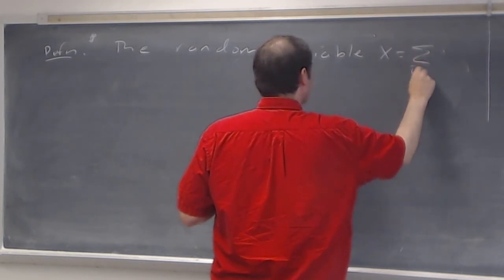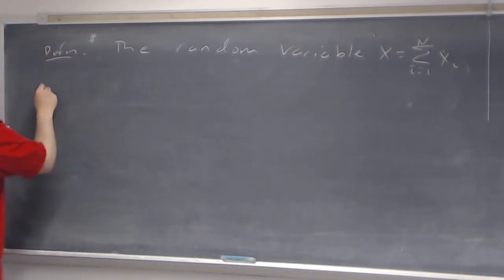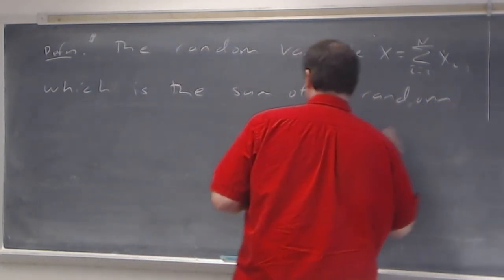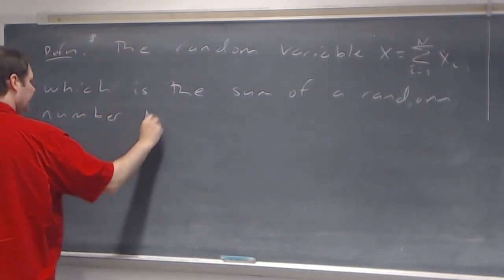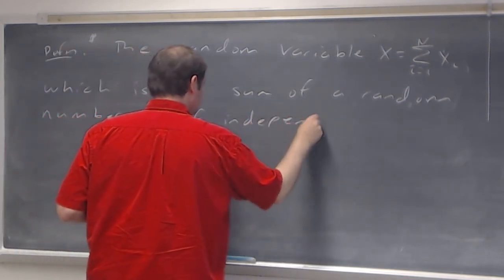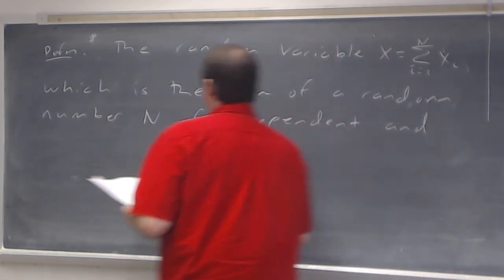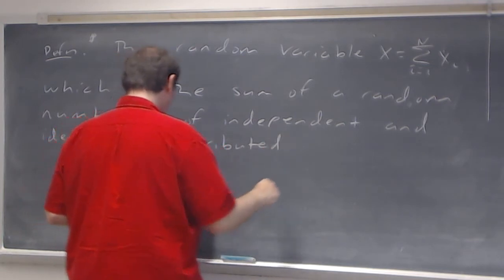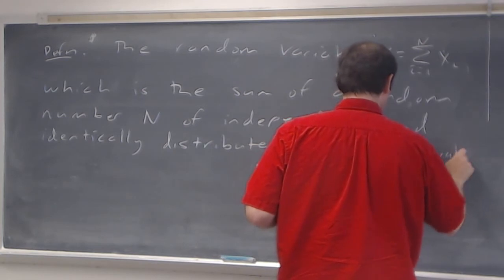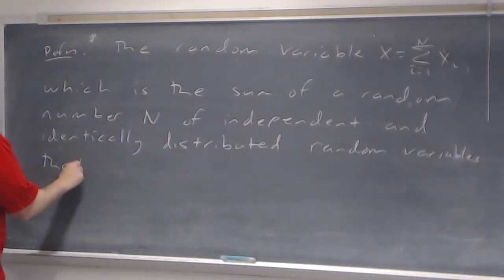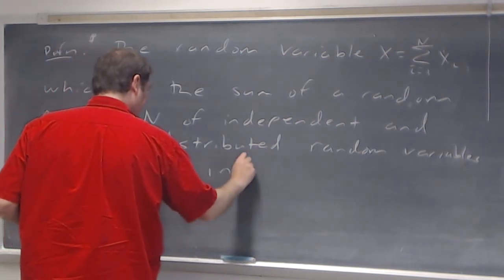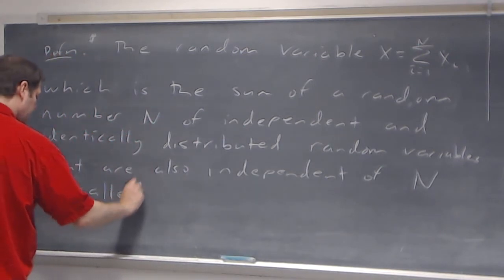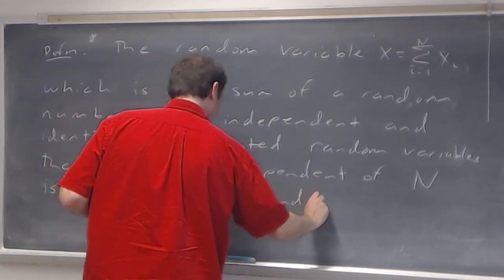X equal to the sum as i runs from 1 to N of x of i, which is the sum of a random number N of independent and identically distributed random variables that are also independent of N, is called a compound random variable.